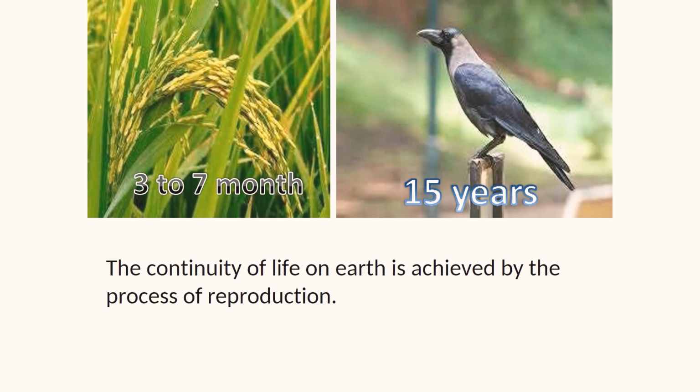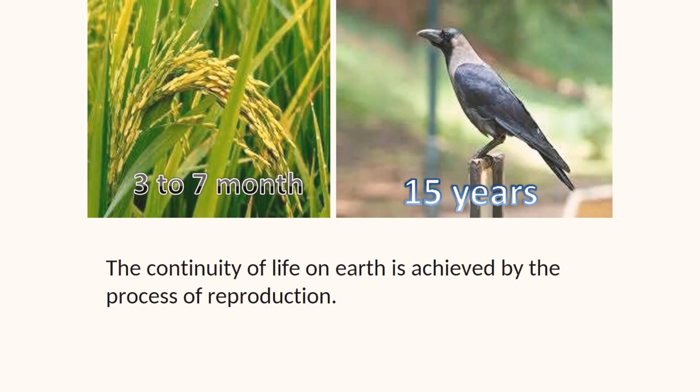For example, wheat has 3 to 7 months lifespan, or the lifespan of radish and other vegetables or plants, etc., is 1.5 to 2 years. Many plants show their lifespan according to environmental conditions.